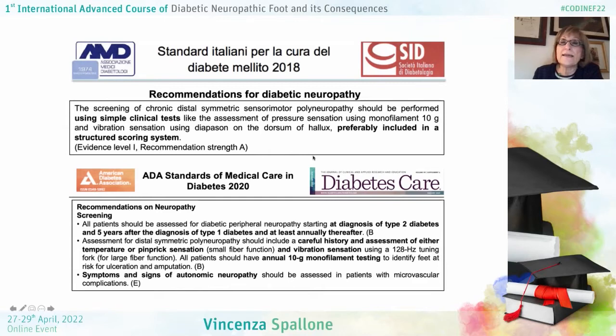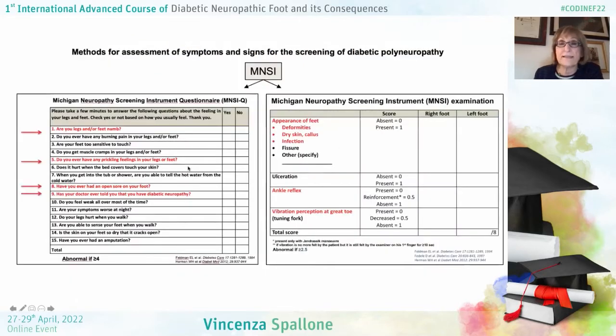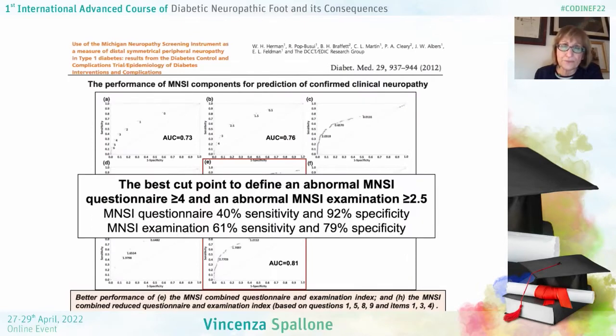And Italian recommendations also consider the opportunity to use structured scoring systems such as the MNSI system that includes a questionnaire and examination. And in this study by the group of Eva Feldman, who introduced the MNSI, it is considered that the best cut point for an abnormality of the questionnaire is 4 and an abnormality of examination is 2.5, but with a low sensitivity for the questionnaire.